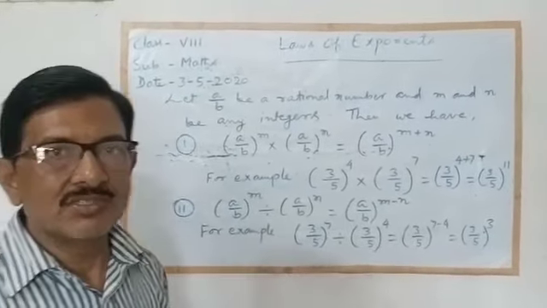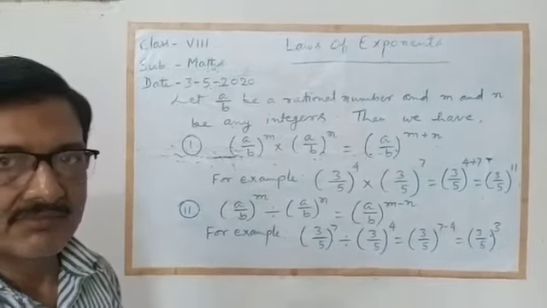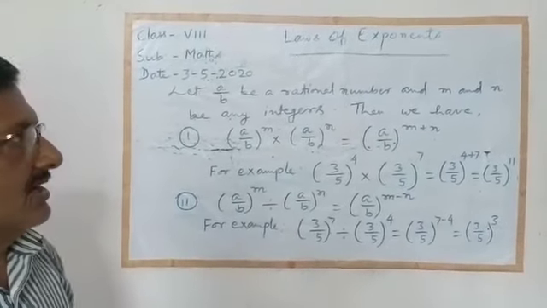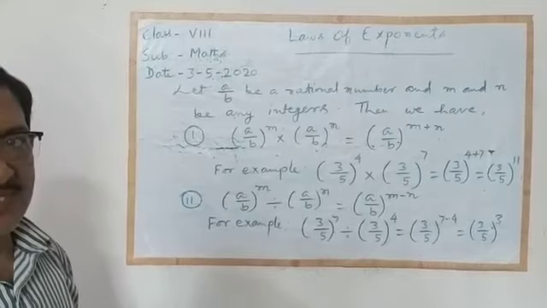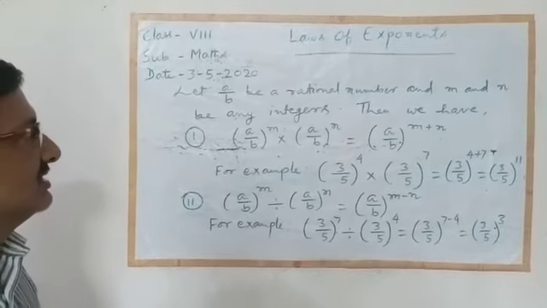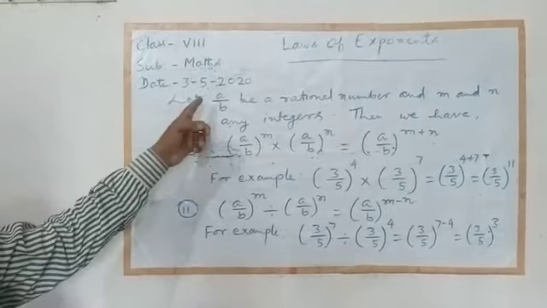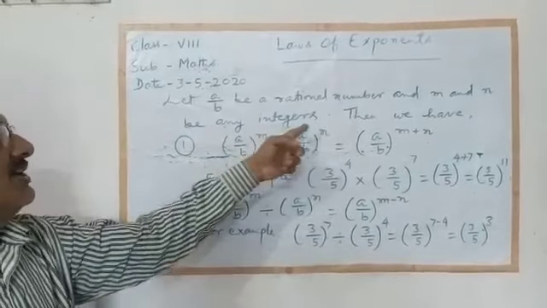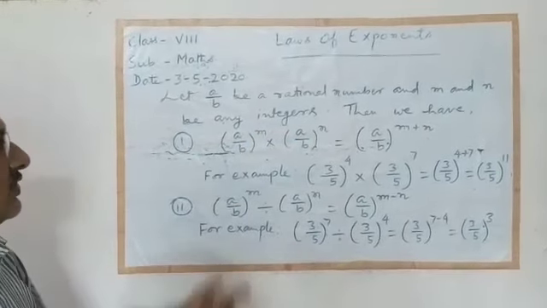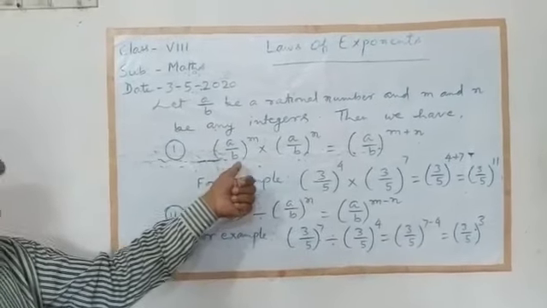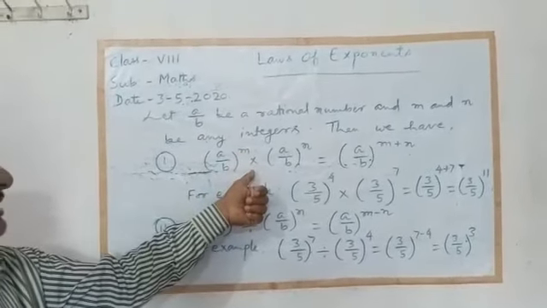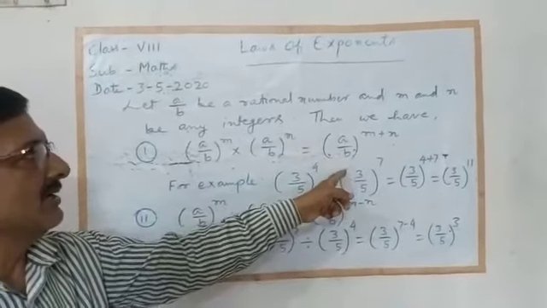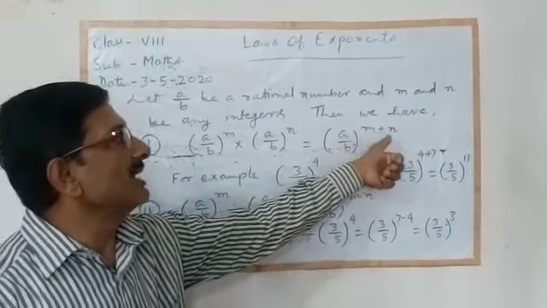Now we will discuss the laws of exponents. In this part we will discuss exponents of a rational number, exponents of different rational numbers. Here I am taking a by b as a rational number, and m and n are any two integers. Then the first rule is (a/b)^m multiplied by (a/b)^n will give you (a/b)^(m+n).